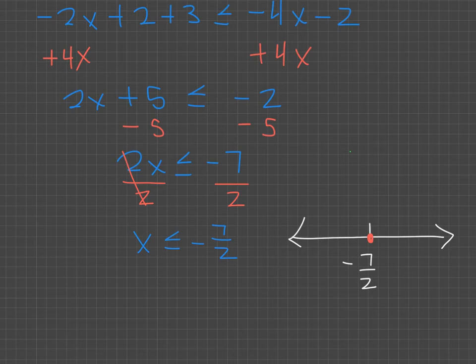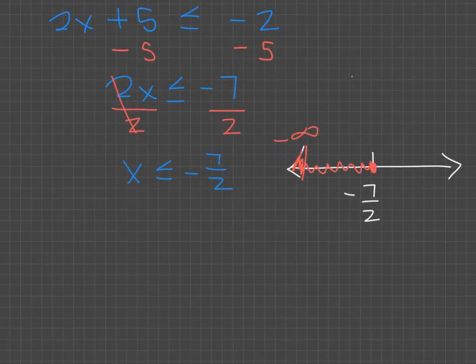And we have less than, so that means we're going to the left, in the negative direction to negative infinity. In interval notation, our smaller is negative infinity, the larger value is negative 7 halves. It's included because of the less than or equal to, so we use a bracket.